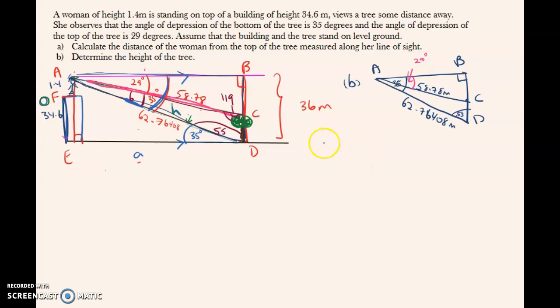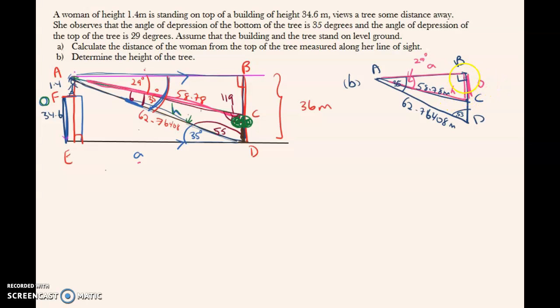So I actually could look at the small triangle here, A, B, C, right? Where I have the 29 degrees, and I could find BC. So this would be my opposite according to the angle 29 here. Here's my adjacent, and 58.78 would be my hypotenuse.